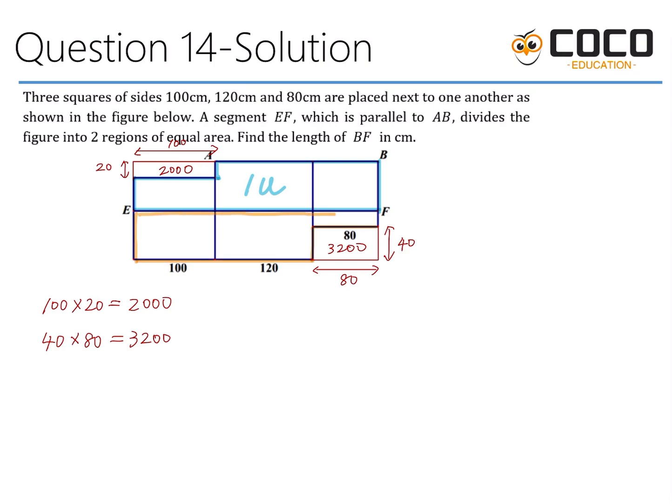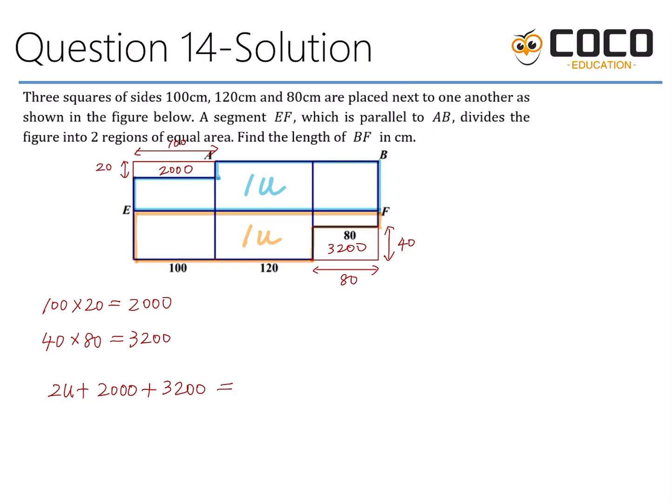So we can also let it be 1U. So we can figure out the value of 1U. For the whole figure, we have 2U. Add in the two rectangles. So plus 2000 plus 3200 equals the total area.